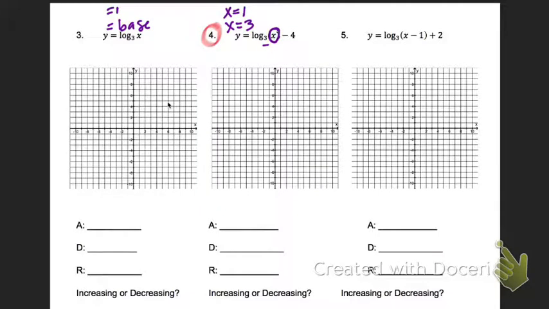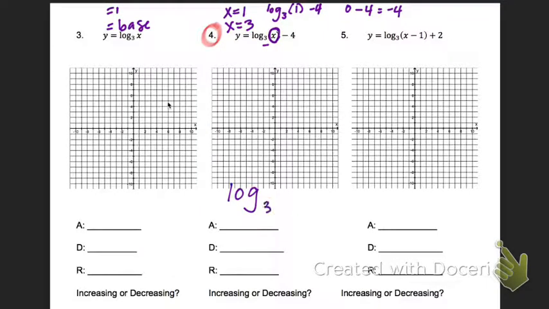When it equals 1, the log of 1 is always 0. So when I put in log base 3 of 1 minus 4, it's like saying 0 minus 4. It's negative 4. And why is that? Why is log of 1 equal to 0? It's like raising anything to the 0 power equals 1. It's just the inverse.